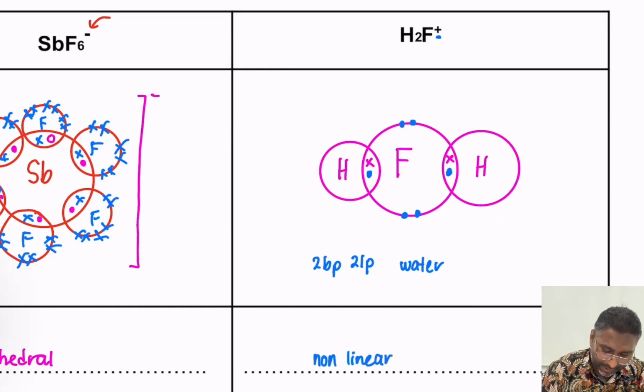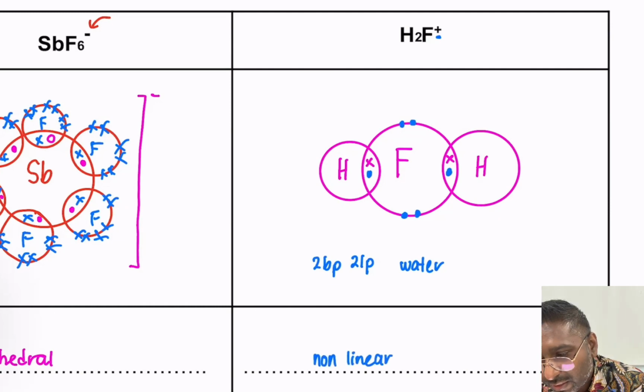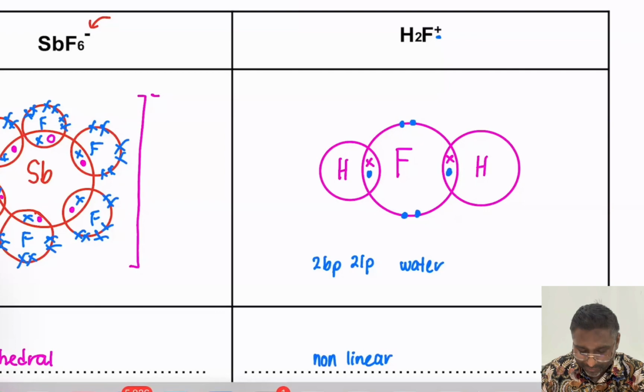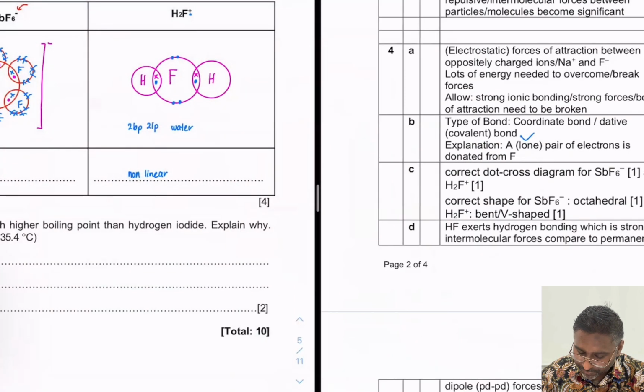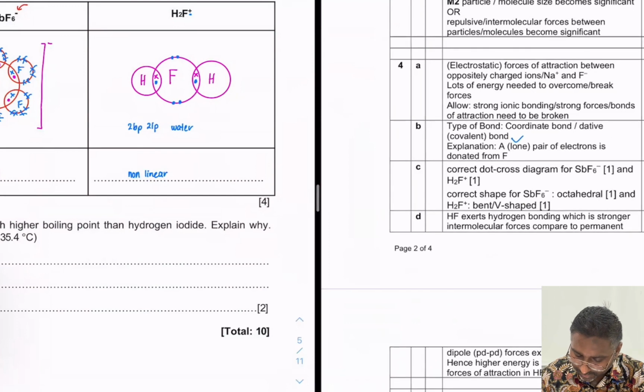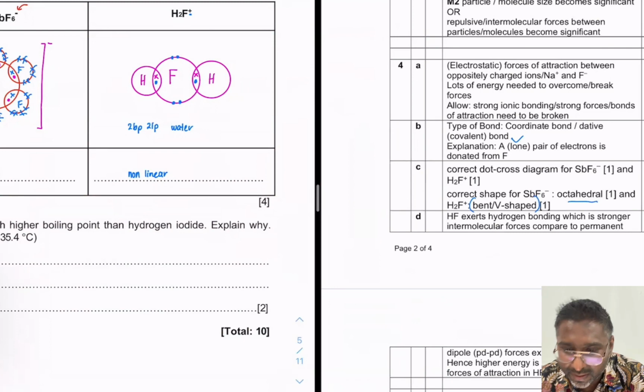Okay, let's look at the answer. Based on the new syllabus, you only need to mention non-linear. If the answer key mentions V shape and so on, it's not accepted anymore. So we will follow the new syllabus. The answer here is octahedral, so correct. Can you see bent and V shape as the answer?